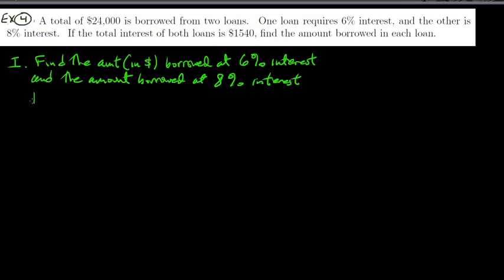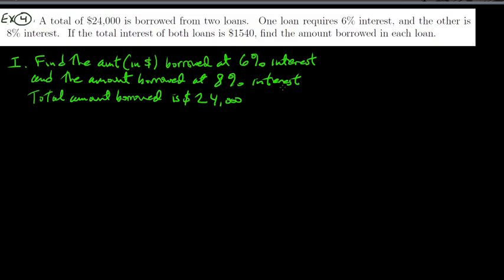And the total amount borrowed, we know, is $24,000. So again, as a first guess, you might say, well, just split it up evenly, right? 12,000 each. So that's probably not the answer.